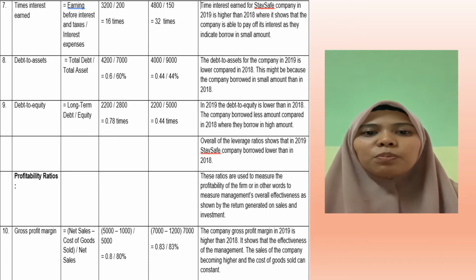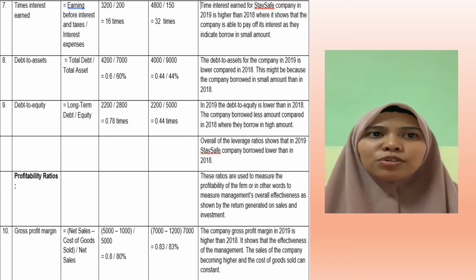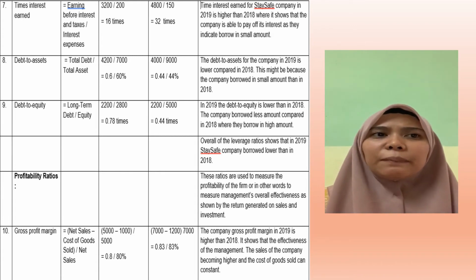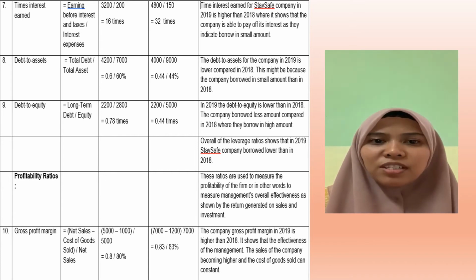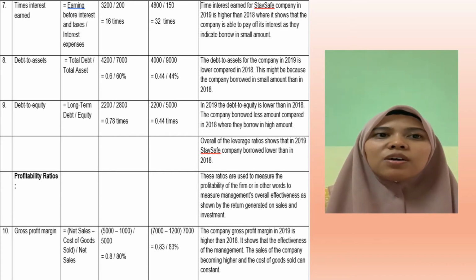Next ratio is profitability ratio. Profitability ratio is the ratio used to measure the profit of the company, or in other words, to measure management's overall effectiveness as shown by the return generated on sales and investment. The ratio under profitability ratio is gross profit margin.